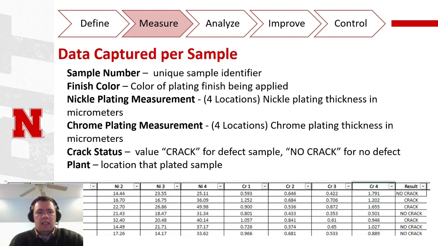Third, there was a nickel plating measurement taken in 4 different locations on each faucet. And this was also true for the chrome plating, which was again taken in 4 different locations to measure the chrome plated thickness. And then lastly, we have a crack status, whether a crack was observed or not observed, and which plant the faucet came from.